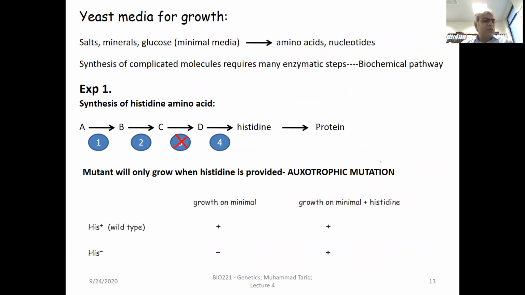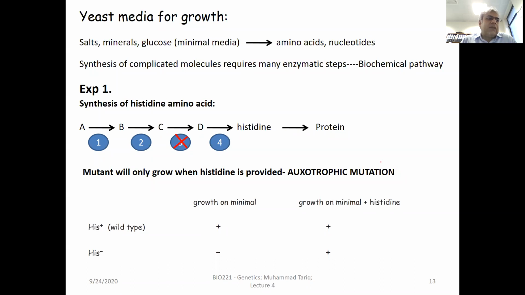Now, why do we use yeast? Yeast genetics is even more well characterized as compared to fruit flies.